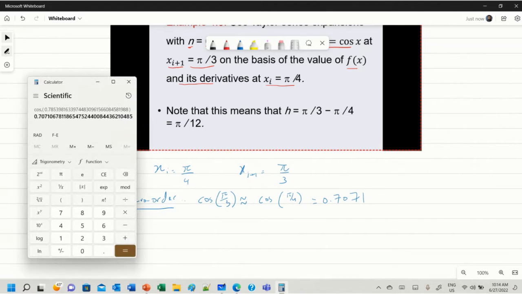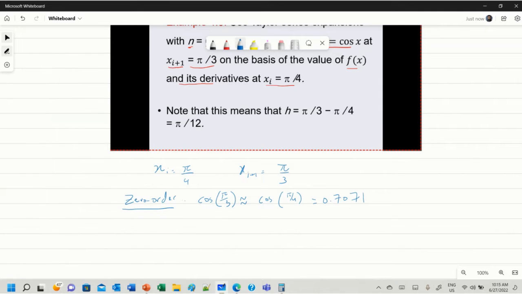Now, what's the true value? The true value at pi by 3 is 0.5. So I'll put here the true value.